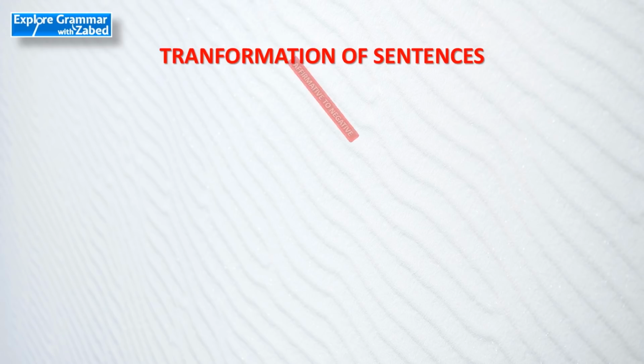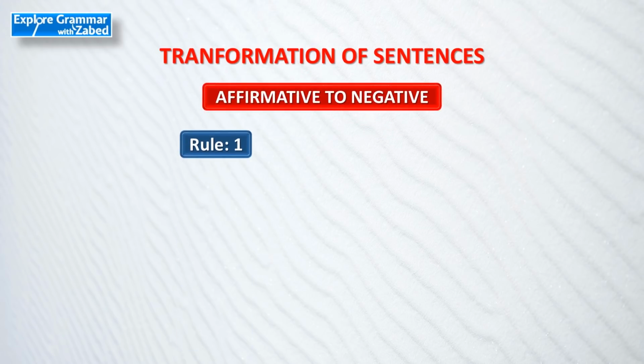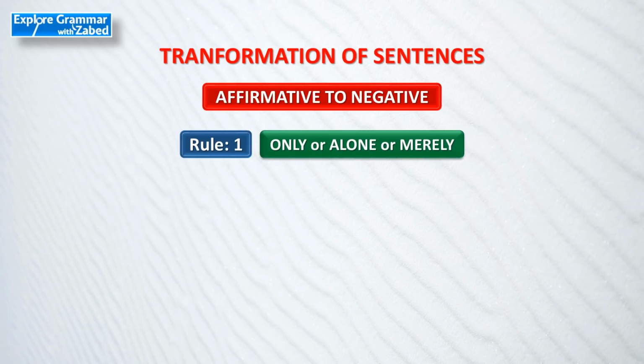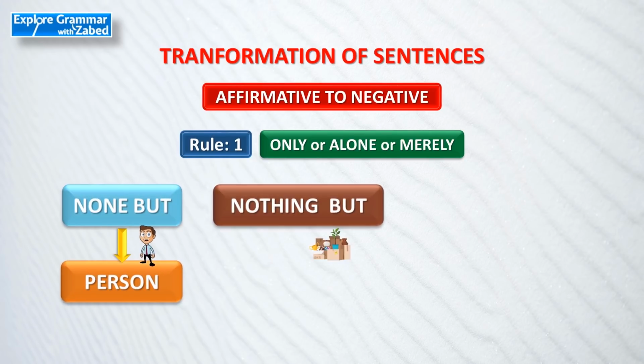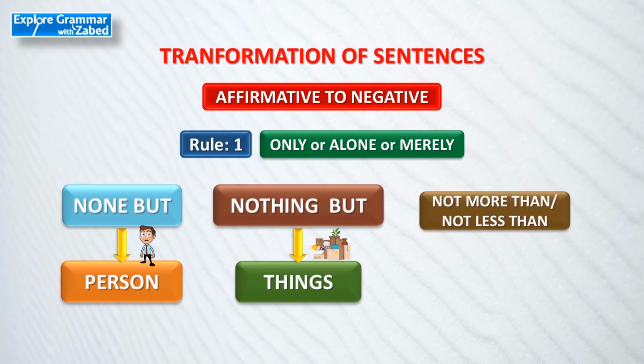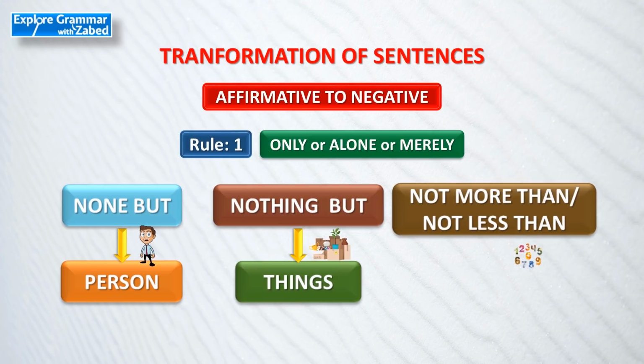So now let's start with the first rule we have to follow to convert an affirmative sentence into negative sentence. The first rule is only or alone or merely in affirmative sentence is replaced by none but for person, nothing but for things, not more than or not less than for numbers.